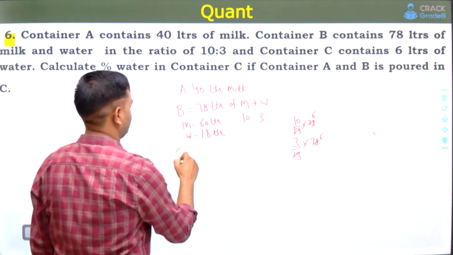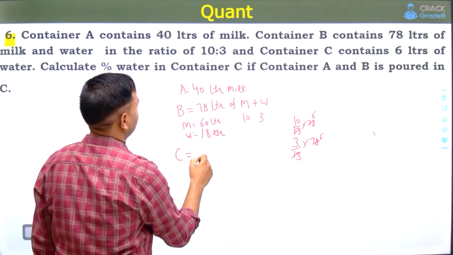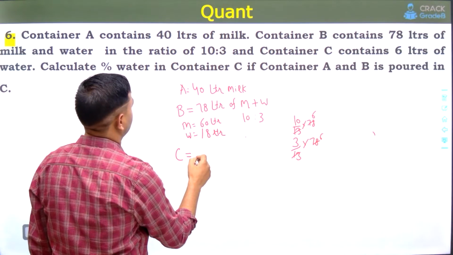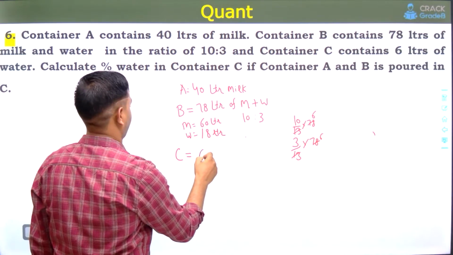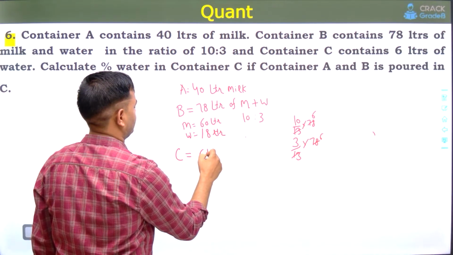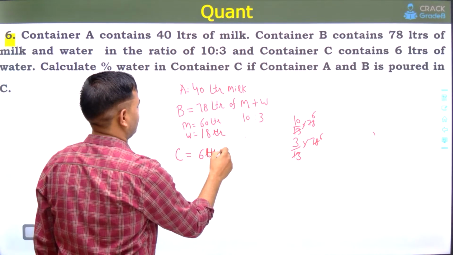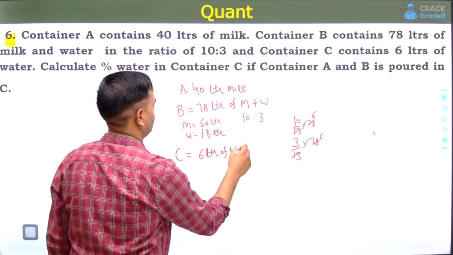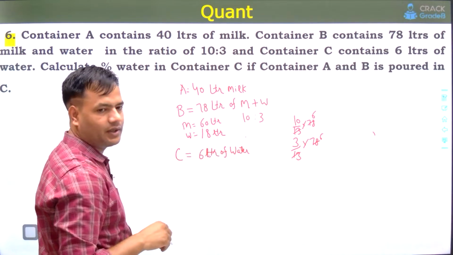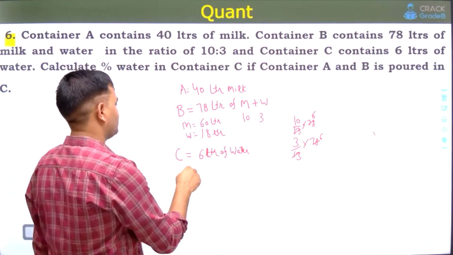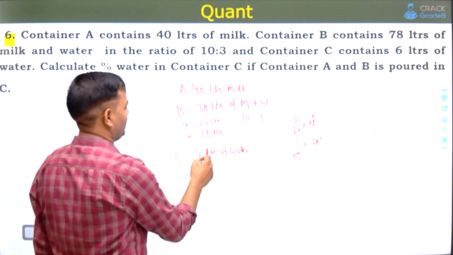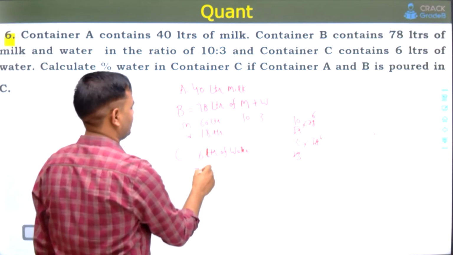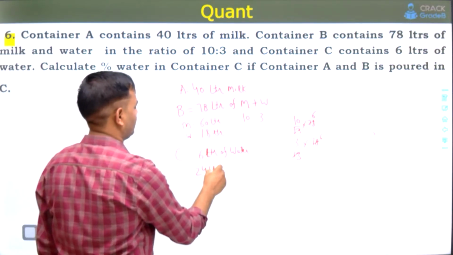So C has only 6 liter of water. So A and B were poured into C. So total water will be 18 plus 6, 24 liter.